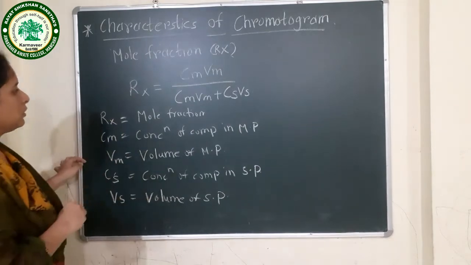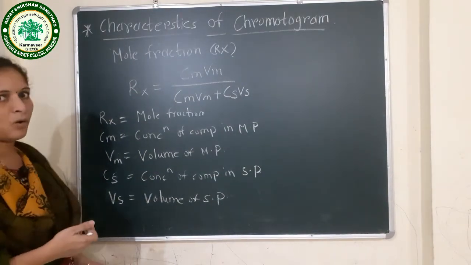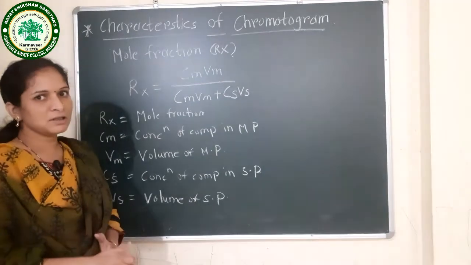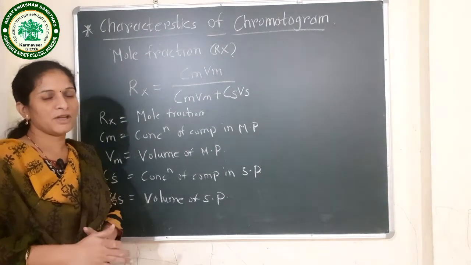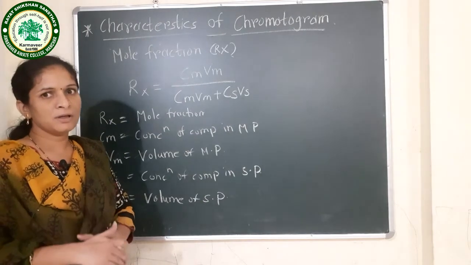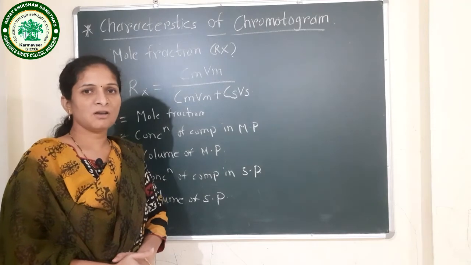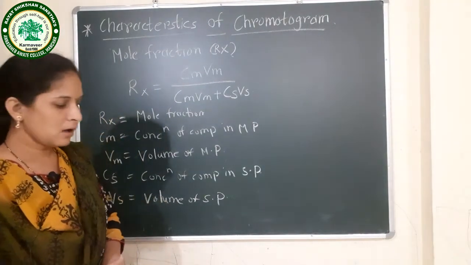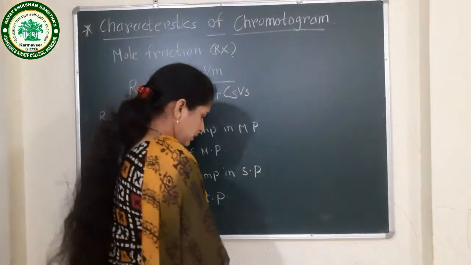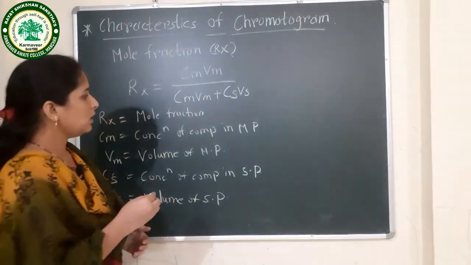This is what? Mole fraction. Means there are different quantities of component in stationary phase and mobile phase. It depends upon the Kd value. If Kd value is high, the compound will spend more time in stationary phase and less time in the mobile phase. Now this equation can be related to V and the U.